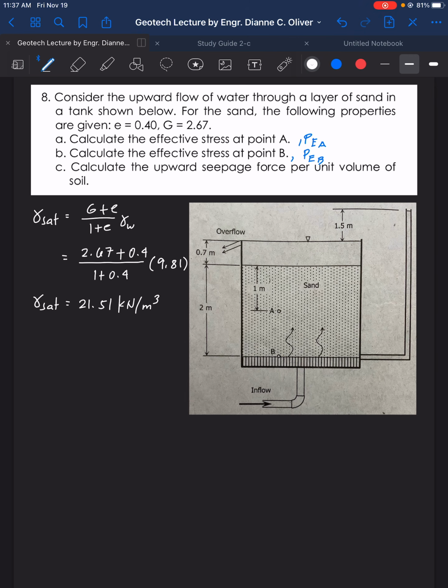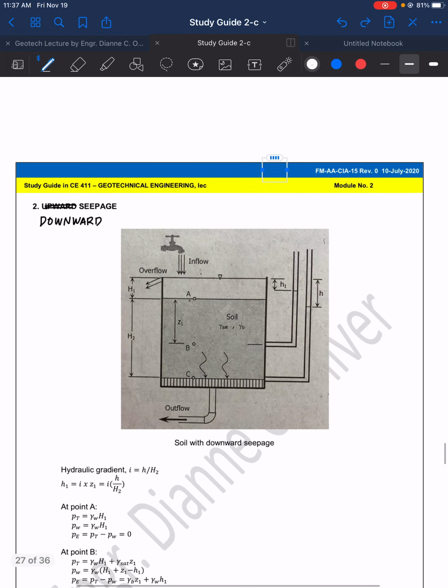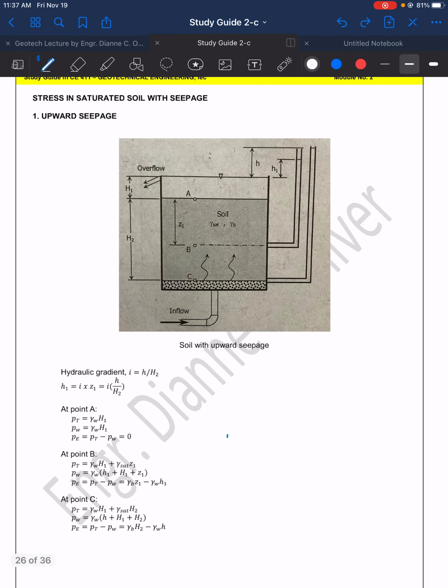Alright, so effective stress at point A. Remember in our study guide, here we go, upward flow. So remember this tube here. To get the value for point B here, we need H sub 1.